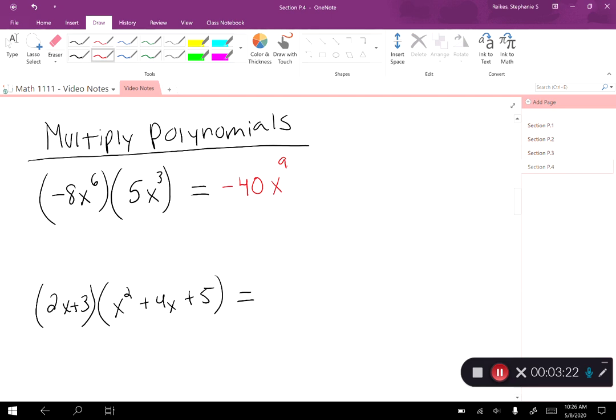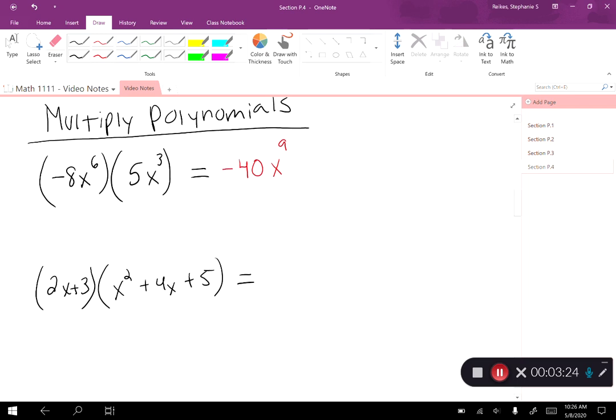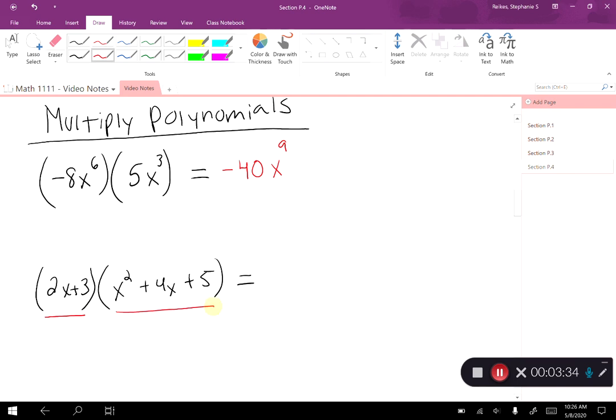Next, let's multiply 2x plus 3 times x squared plus 4x plus 5. So we have what we call a binomial, something that has 2 terms, multiplying by a trinomial, something that has 3 terms. And so to do this, everything is going to multiply each other one time.